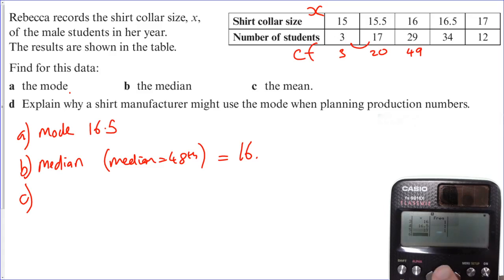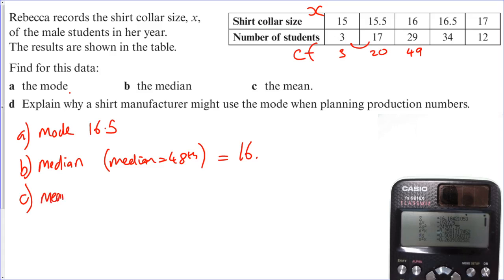So we've got 5 options in there. Putting in our frequencies, we've got 3, 17, 29, 34, 12, and then option 1 variable calculation, which is option number 3, and our mean is 16.18, so 16.2.